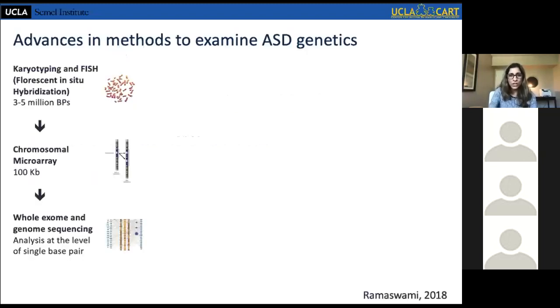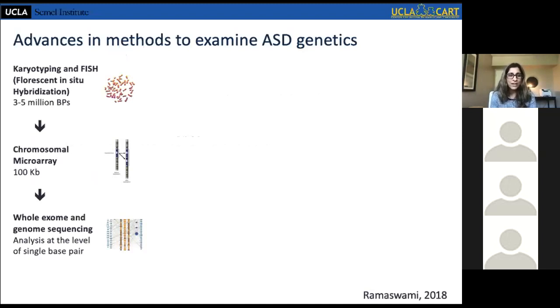Okay, so let's start. As I'm sure you know, there have been a lot of advances over the last decade to two decades in how we examine the genetic makeup of any patient. Here I say autism genetics, but really in any patient.